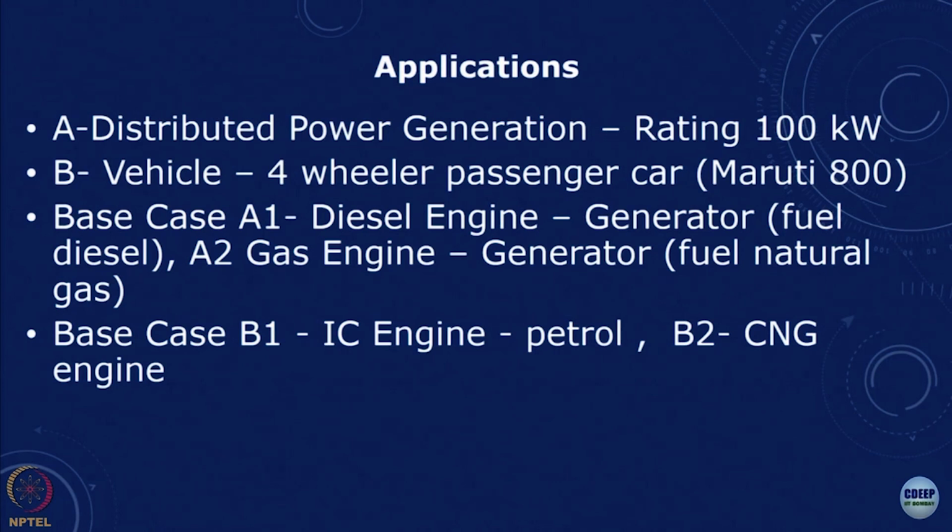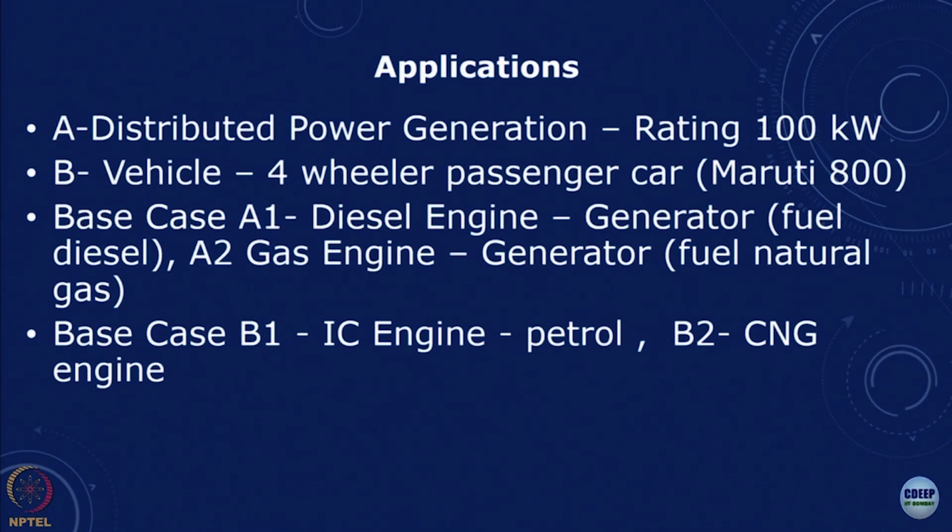One is an application where we are looking at distributed power generation. So we want to generate power, and in the case of distributed power generation, we have many different options. Here we are looking at not the grid, but an isolated system.